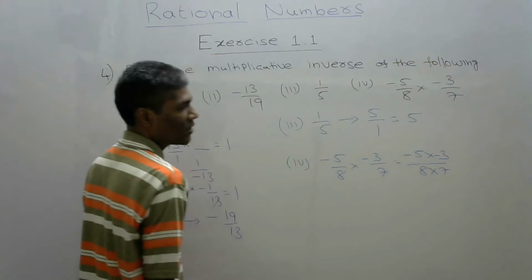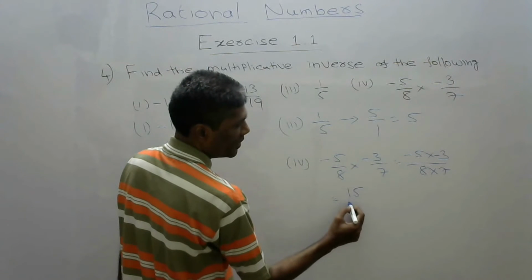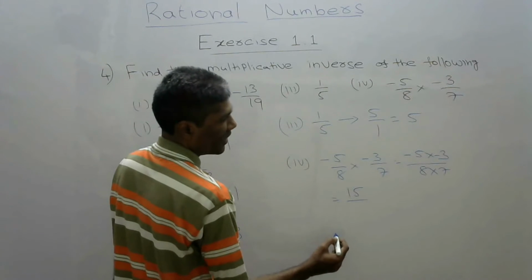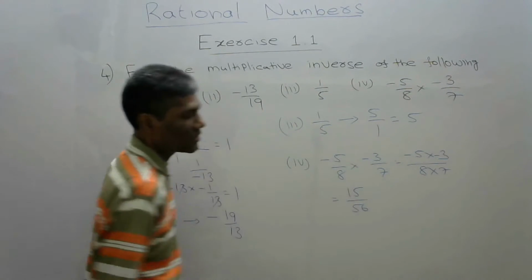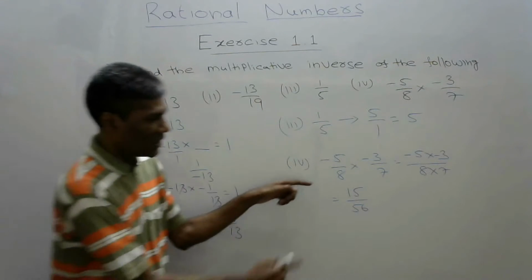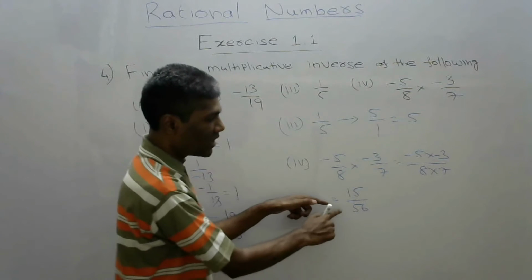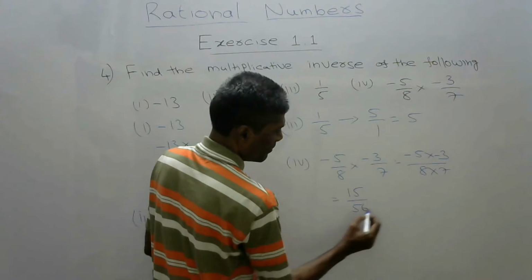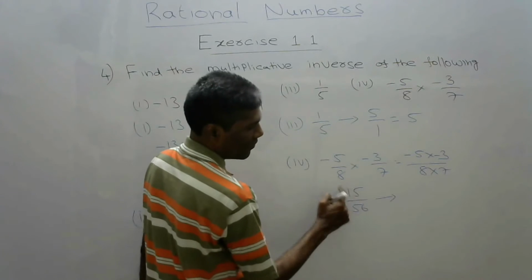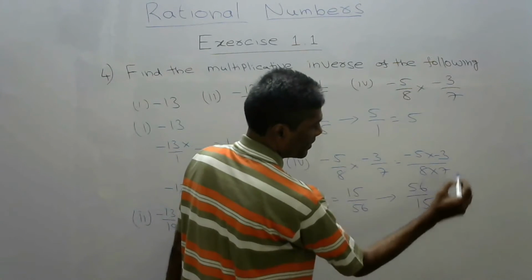Minus into minus is plus. So, that is 5 3s are 15 by 7 8s are 56. This is the question we got. So what is the multiplicative inverse of this? Simple. The multiplicative inverse is 56 divided by 15.